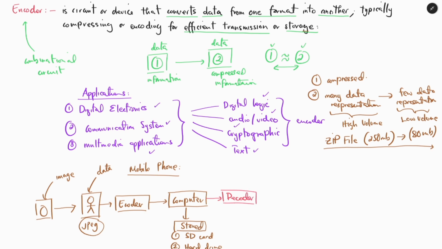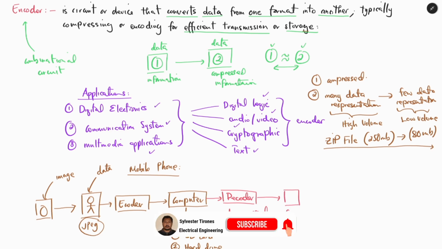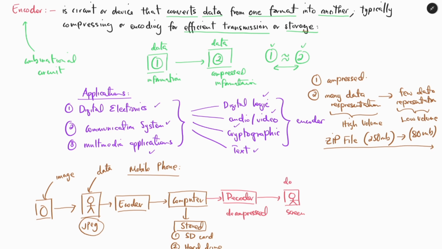A decoder will decompress the stored information, and it can be displayed on a screen or a monitor, and it will give you the same exact image. This is the same information that is captured from the camera, and now it is shown on, for example, the screen of your mobile phone.